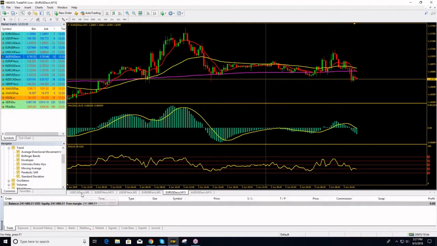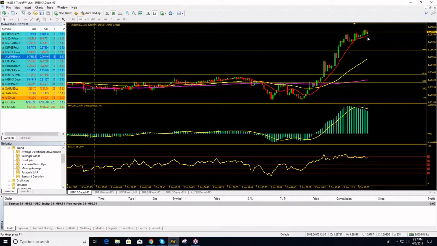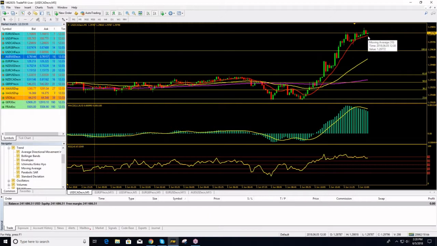So for the moment, nothing. We're waiting for dollar CAD to see a close below MA10.